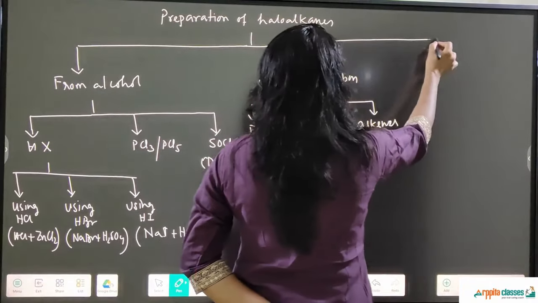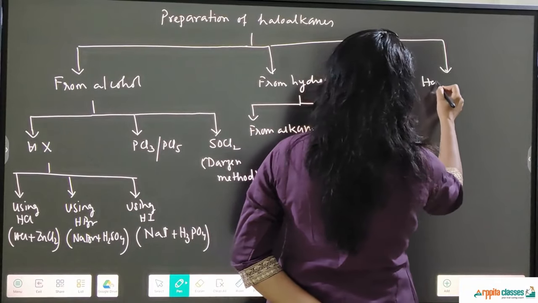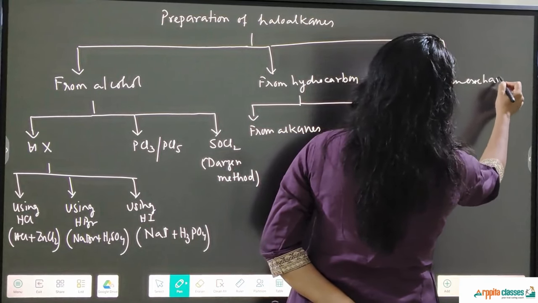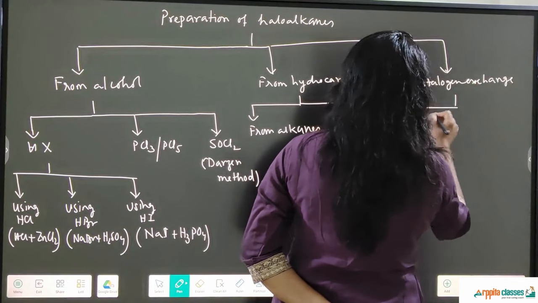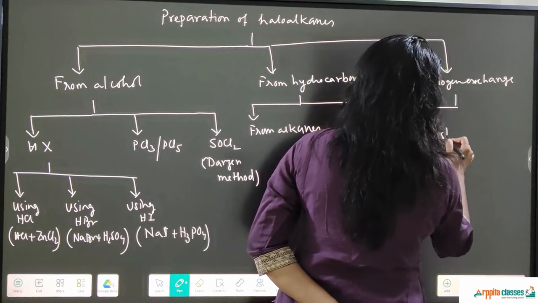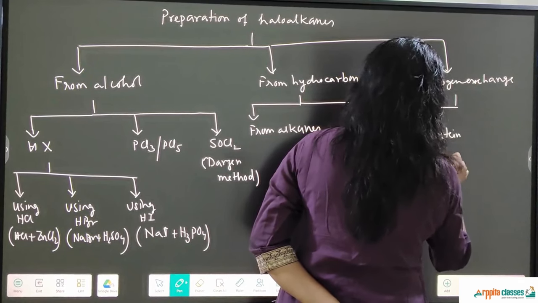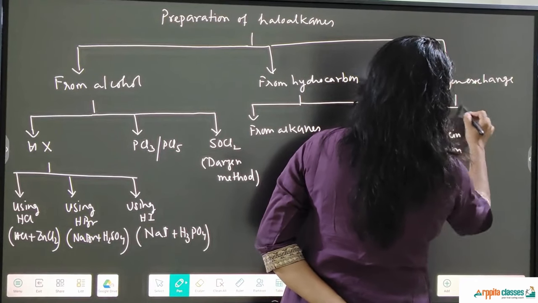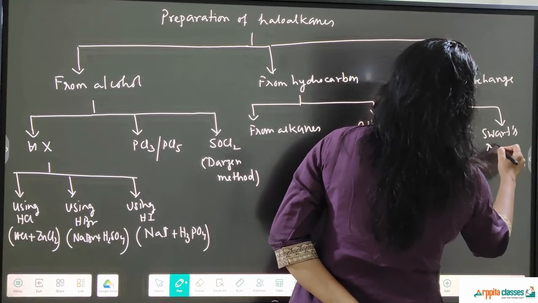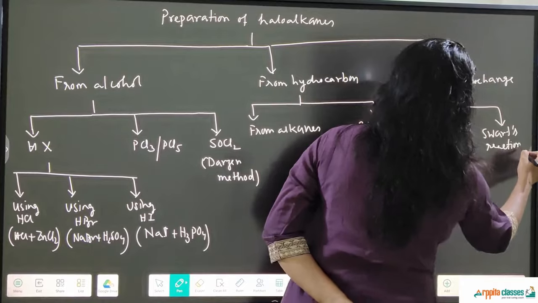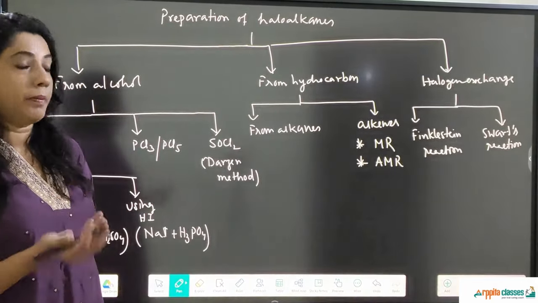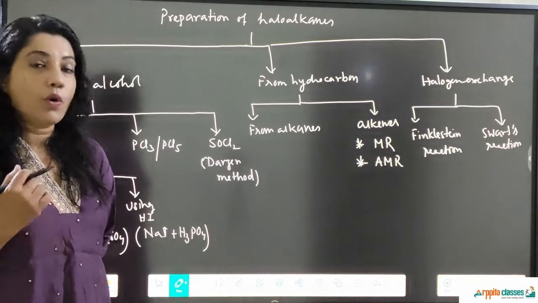The third preparation was from halogen exchange. In halogen exchange we have studied two reactions. One is the Finkelstein reaction, and the other one is the Swarts reaction. Finkelstein reaction was specifically for preparation of iodoalkane, and Swarts reaction was specifically for the preparation of fluoroalkane.